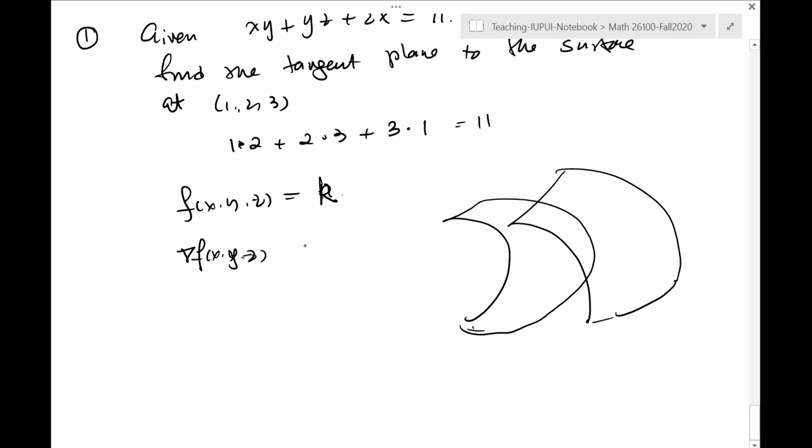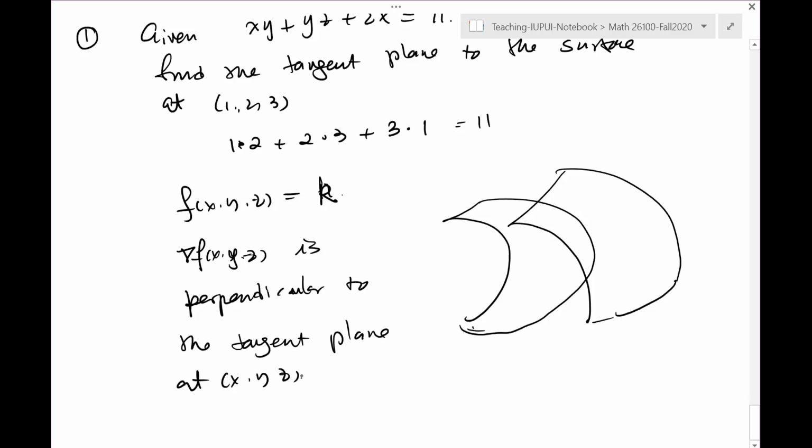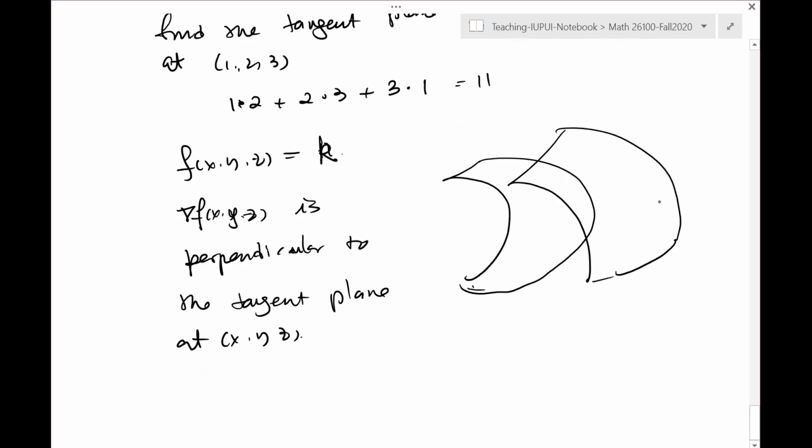So the very important thing is the gradient of the function is always perpendicular to the tangent plane at the point x, y, z on the surface. So if we choose a particular point, that will be the gradient.